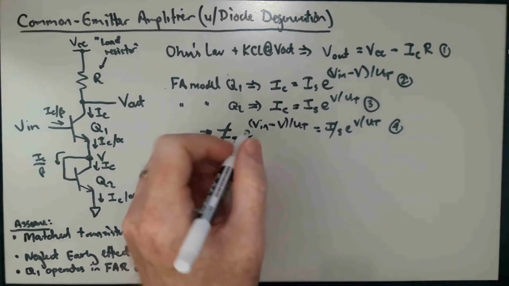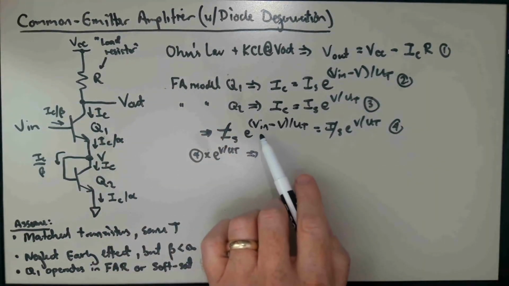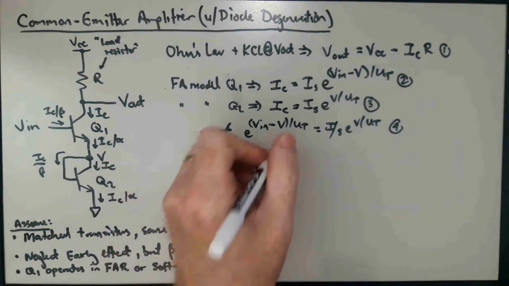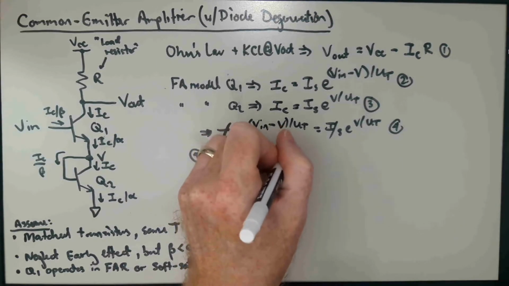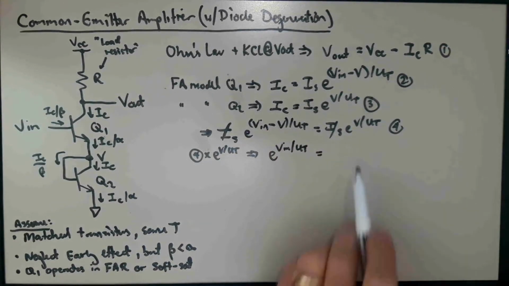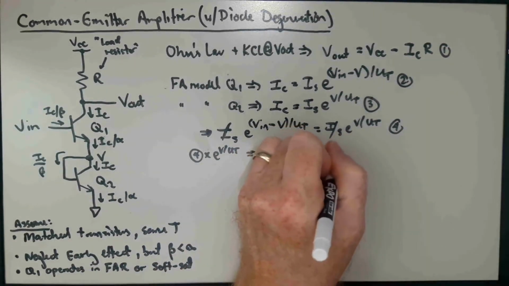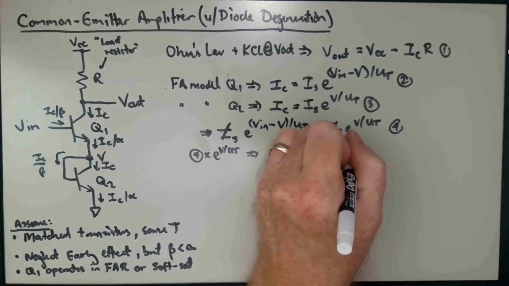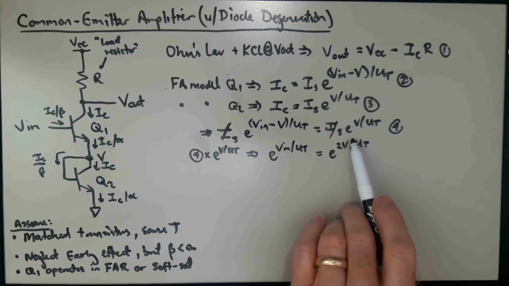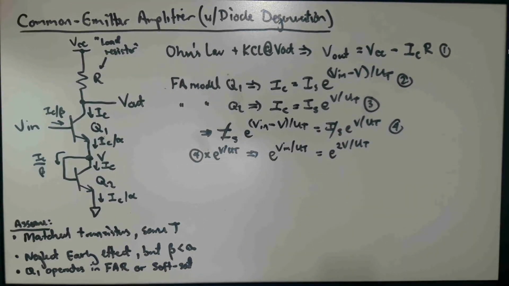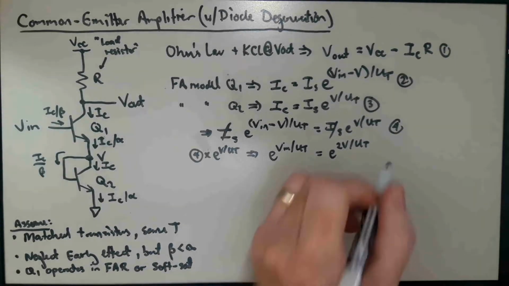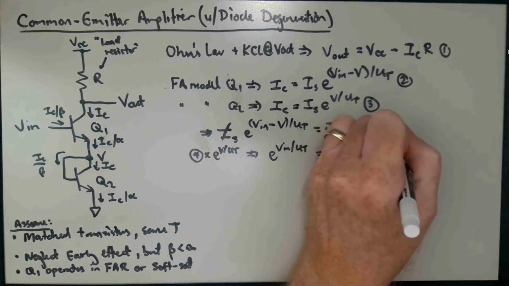That will give us, on the left-hand side, e to the Vin minus V over UT plus V over UT. We'll just get e to the Vin. And on the right-hand side, we're going to get e to the 2V over UT, because we're multiplying both sides by e to the V. We get e to the V plus e to the V is e to the 2V. And this is really e to the V over UT quantity squared, right?